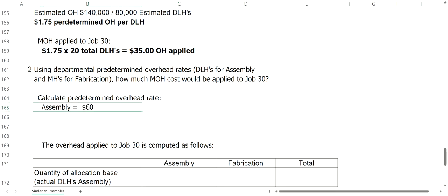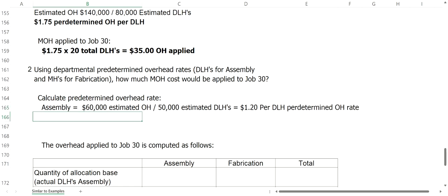So I will take 60,000 estimated overhead and divide it by 50,000 estimated direct labor hours. And again, I looked at just the assembly numbers and I come up with $1.20 as my predetermined overhead rate per direct labor hour.